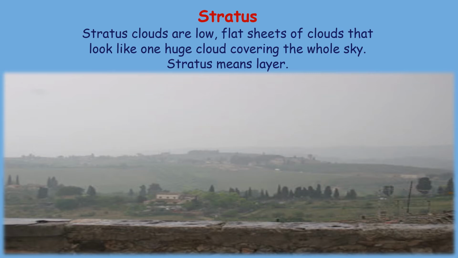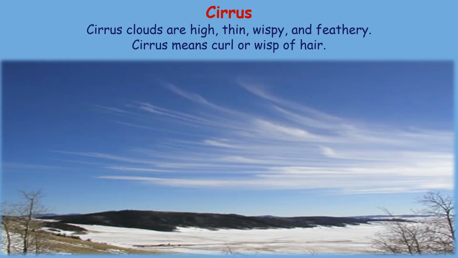Stratus clouds are low, flat sheets of clouds that look like one huge cloud covering the whole sky. So stratus means layer. Cirrus. Cirrus clouds are high, thin, wispy, and feathery. Cirrus means curl or wisps of hair.